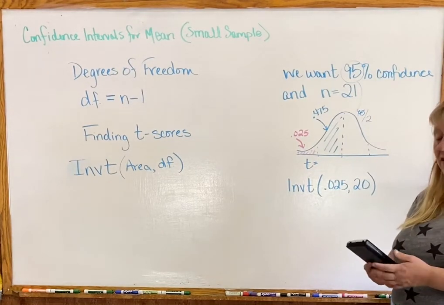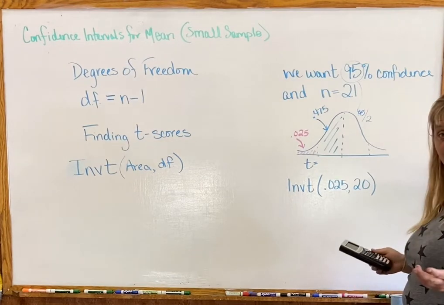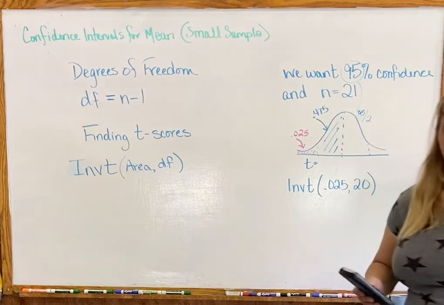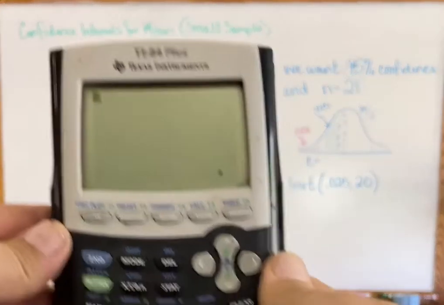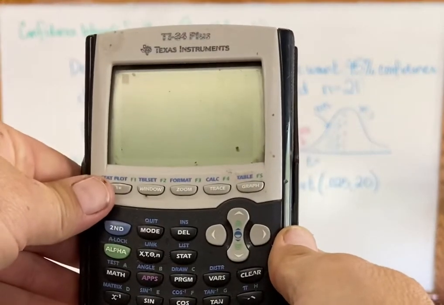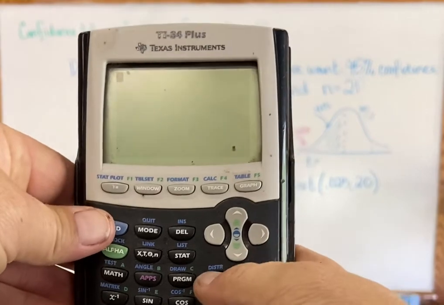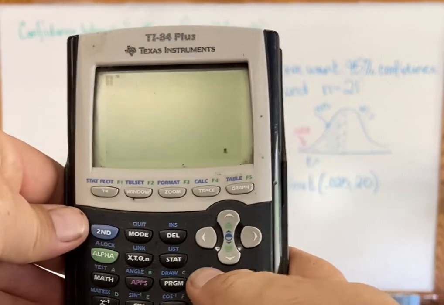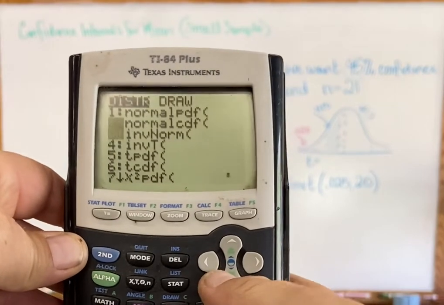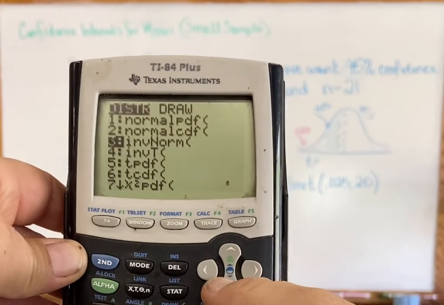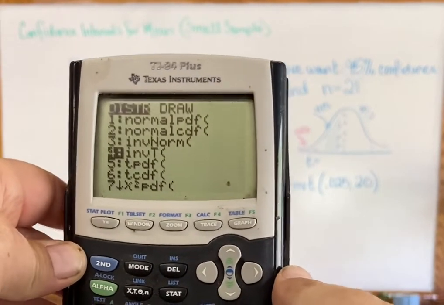For others, if your calculator is a little more fancy, it's going to look a little different. So let's look at that real quick. You go to the same place where everything else with the normal curve was: second distribution, and there's our normal CDF, our inverse norm, and right underneath it is inverse t.